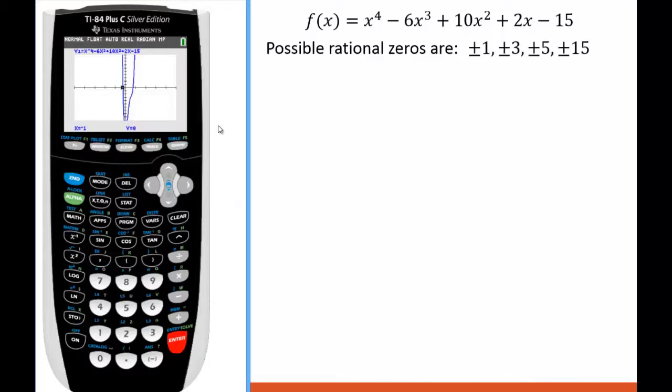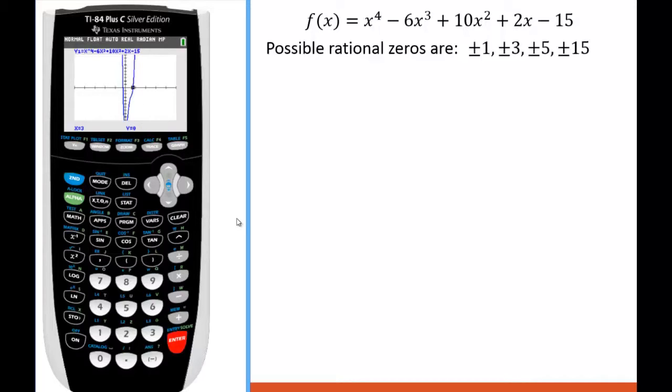Since I scaled my x-axis by 4s, I'm going to guess that this x-intercept right there is positive 3. So let me use the power of the remainder theorem and check that. Let me do the value of x is 3. And check it out. Out came a y value of 0.